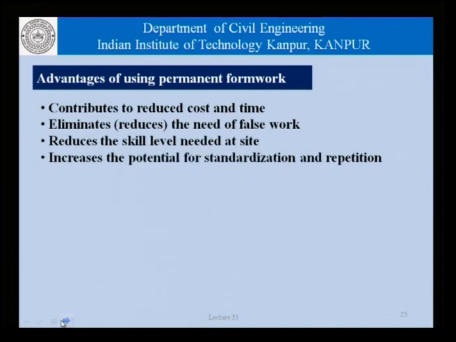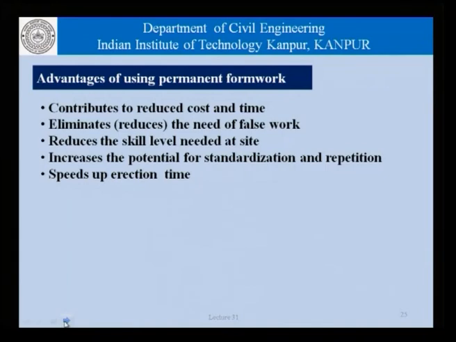Increases the potential for standardization and repetition. Now, this is something which is very important as far as civil engineering construction is concerned, that if we have standardization in sizes, then it becomes a lot easier for all engineers to have certain discipline as far as quality control is concerned.